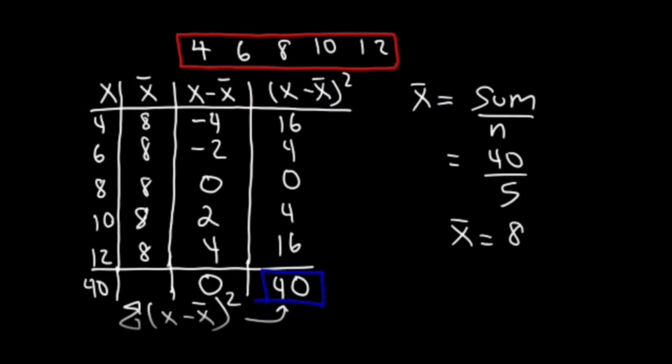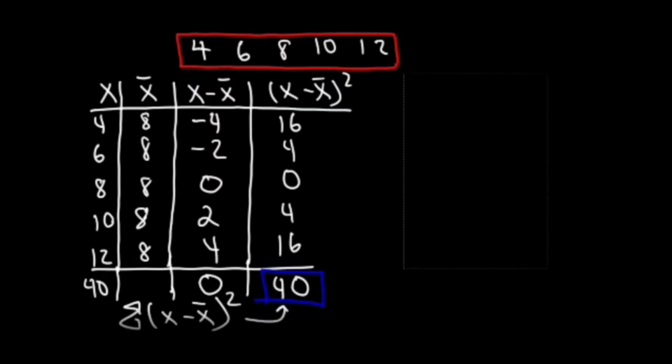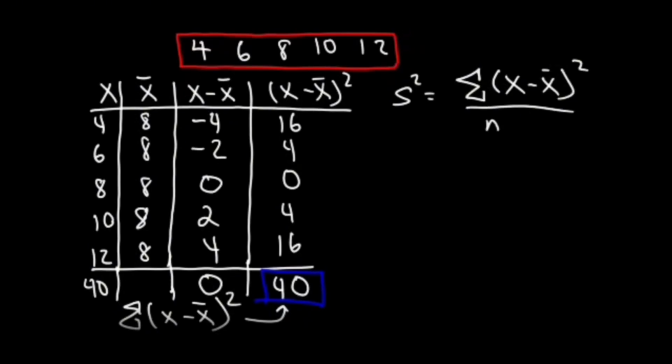So now let's calculate the variance. The variance for this sample is going to be the sum of the square of the deviations divided by n minus 1. So the sum of the square of the deviations is 40. N is still 5, and 5 minus 1 is 4.